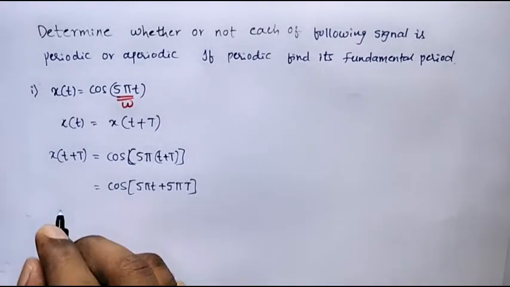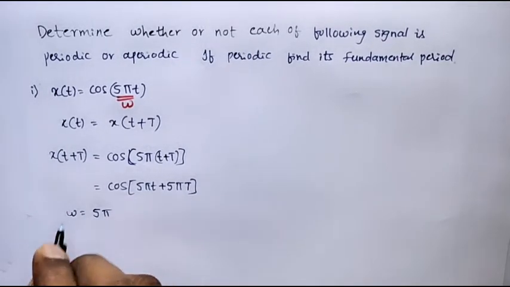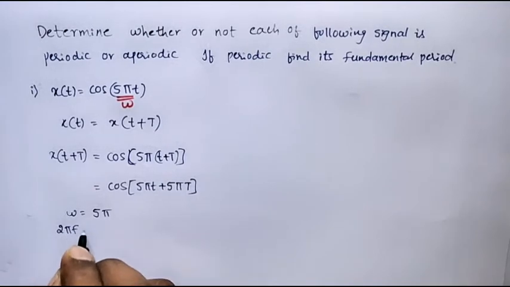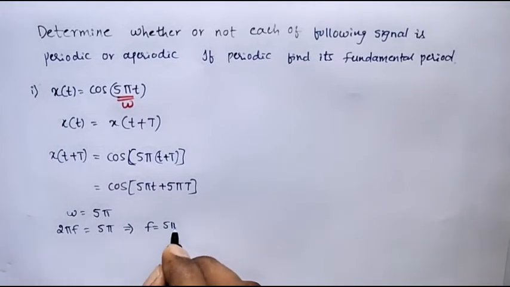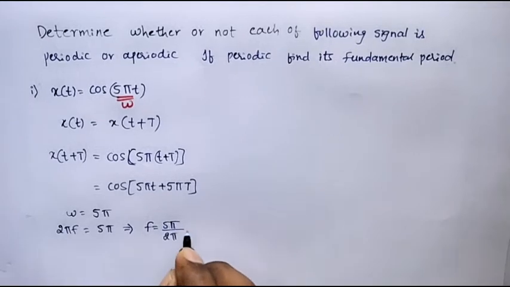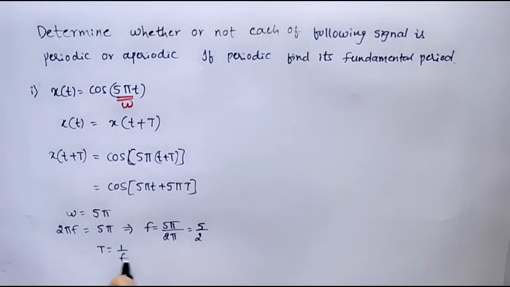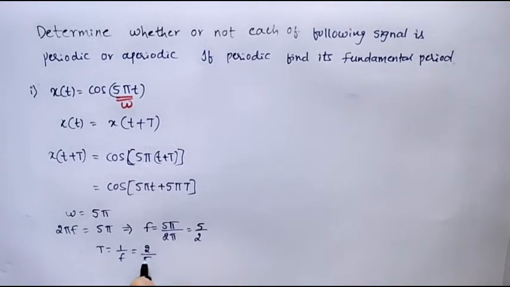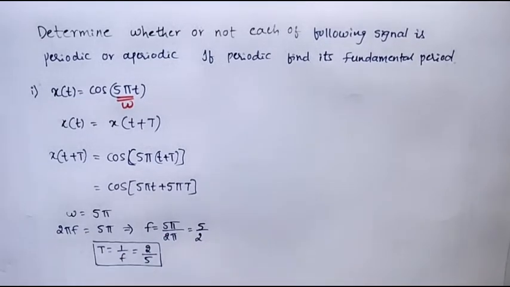Therefore omega is equal to phi u pi, where omega can be represented as 2 pi f is equal to phi u pi, or f is equal to phi u pi divided by 2 pi, which is equal to phi u by 2. So this f is the fundamental frequency. Therefore T is equal to 1 by f, which is nothing but 2 by phi u. So this T is the fundamental period.